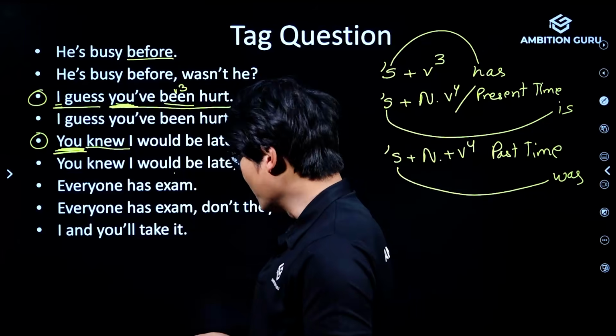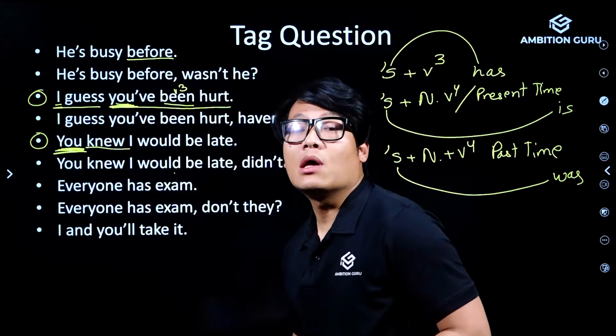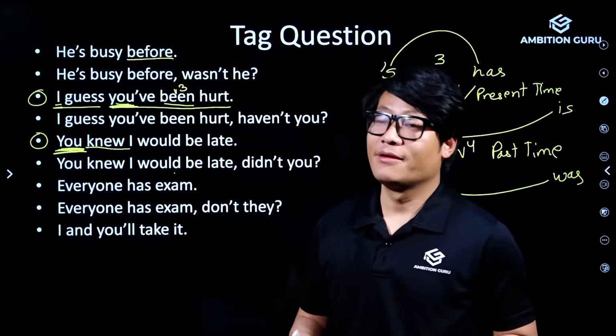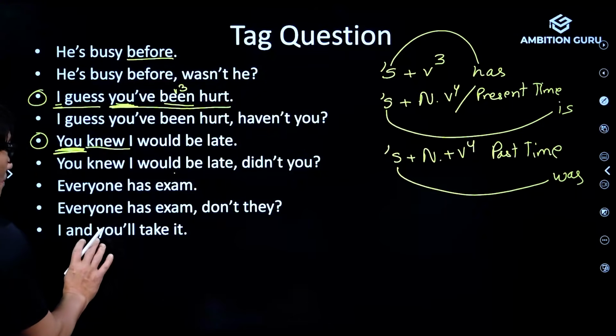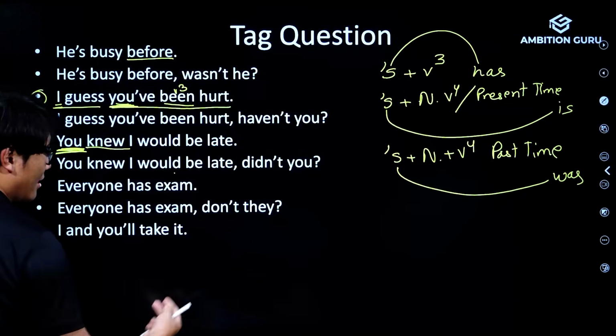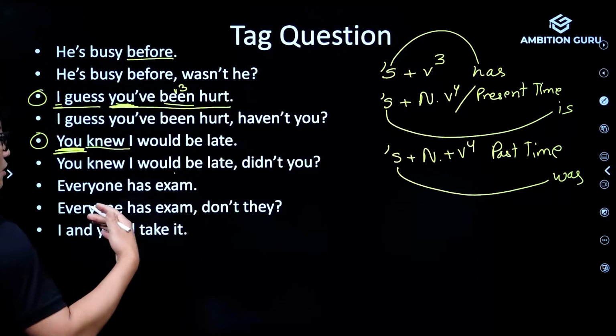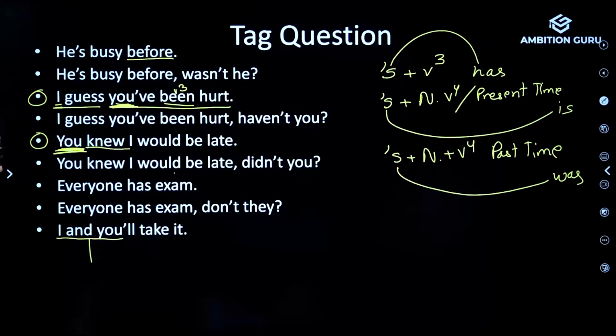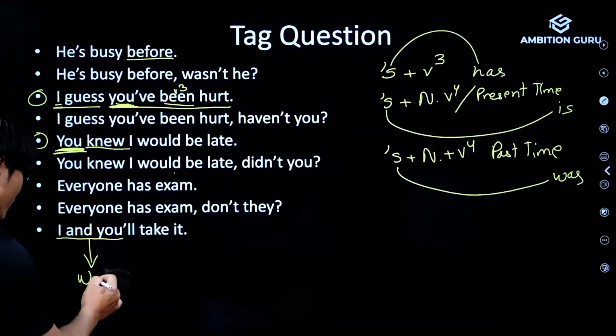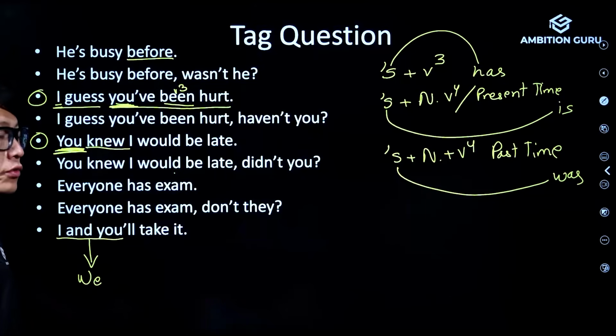I and you will take it. Okay, so let me now solve it. Very good. So obviously we cannot write both pronouns here as the answer. So we need to combine them. "I and you". So what is the pronoun for I and you? We. Very good, Trishna. It's "we".